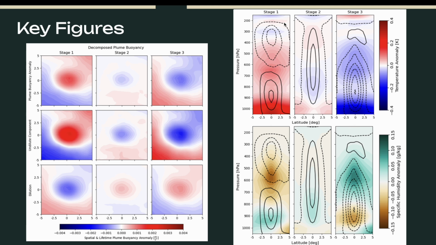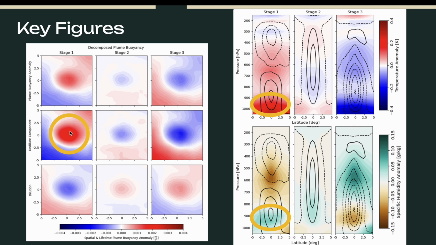Now, I want to consider how these components can really combine. Temperature and specific humidity are considered in terms of moist static energy to make the figures that we can see here on the left. For stage 1, we can see that stage 1 is dominated by our undilute component.